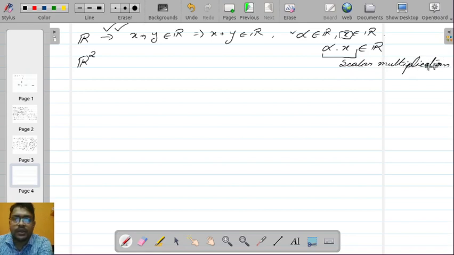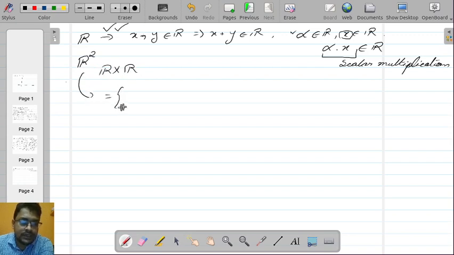So in R square, what is R square? R square is basically the set of ordered pairs of real numbers. So R square is basically R cross R. We take ordered pairs of real numbers. This set is the collection of, say, x y such that, or let me write it as x1, x2, so it's easier to generalize.